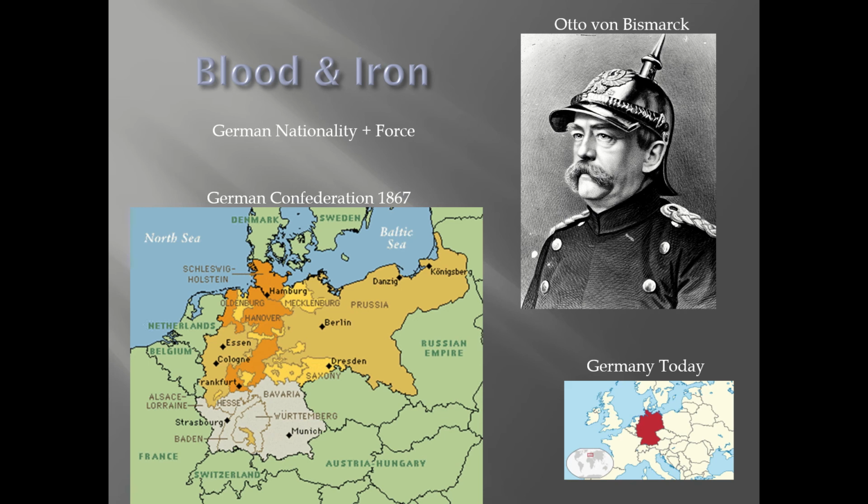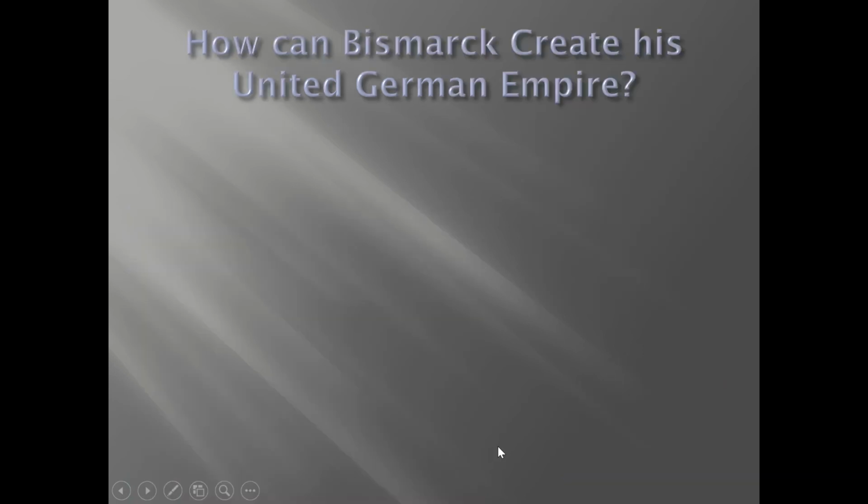But that's not quite the only part here. Again, we need some way to unify Germany physically, politically, under one government. And the way to do this, again, this will be against the wishes of the rest of Europe. The way to get all these German city-states together is that he needs to do what?